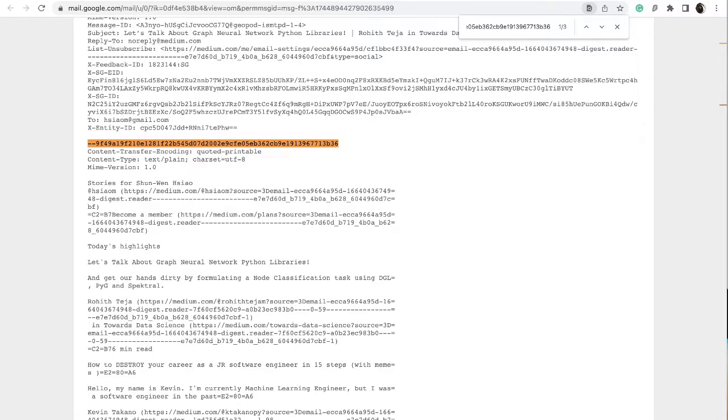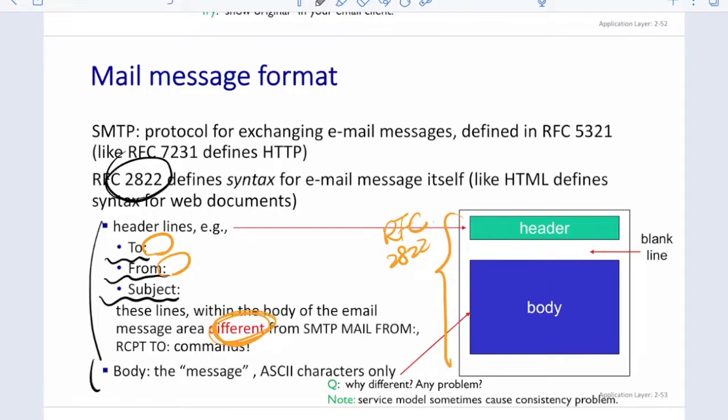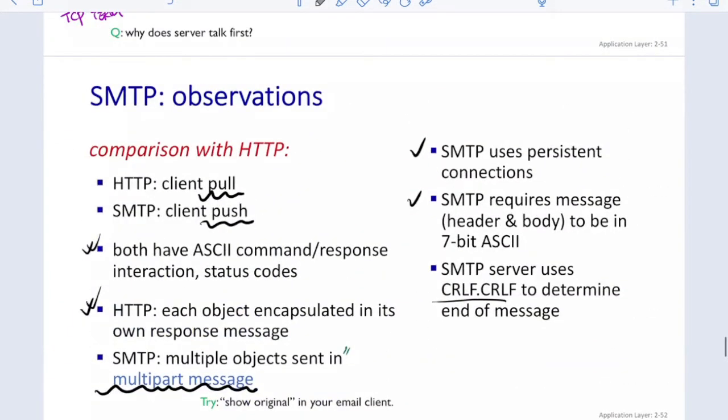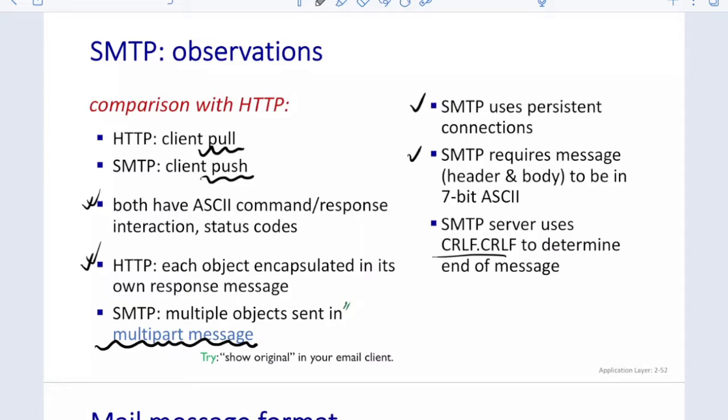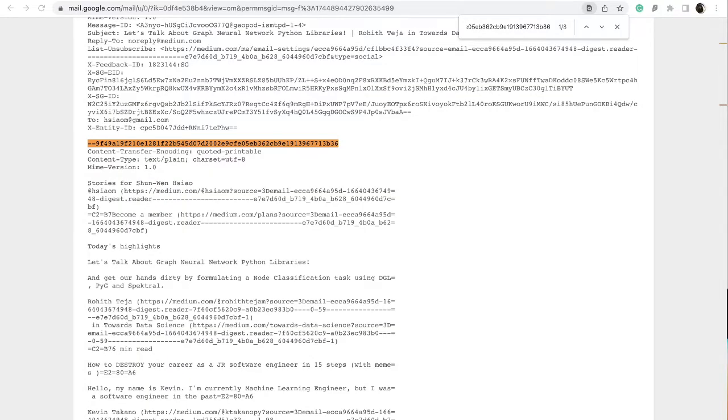Okay, as we mentioned before, the message body itself is a message, and I think it's right here, the SMTP multiple objects sent in multi-part message. So right here, the orange line is the delimiter of multi-part message. So on the top of this orange line, those are headers.